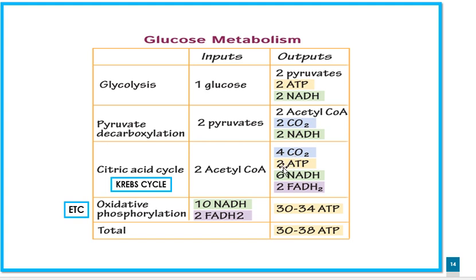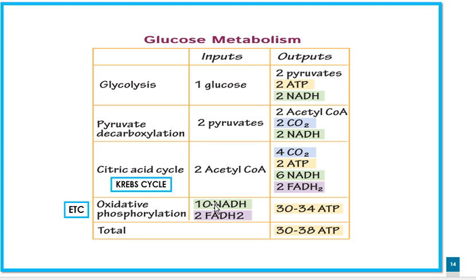So likewise, you have 2 ATP, 6 NADH, and 2 FADH2. And then, in the electron transport chain, the last process, the inputs are 10 NADH. Ma'am, why 10? So we have 6 from the Krebs cycle, added to those from pyruvate decarboxylation and from glycolysis.